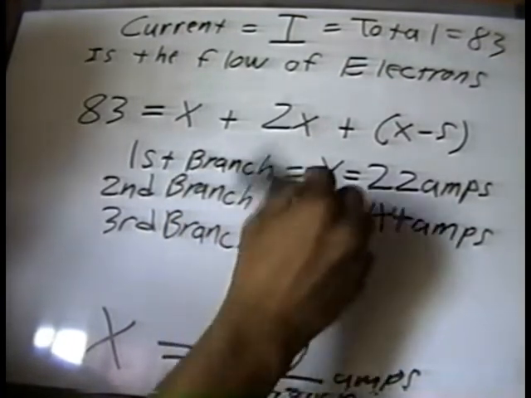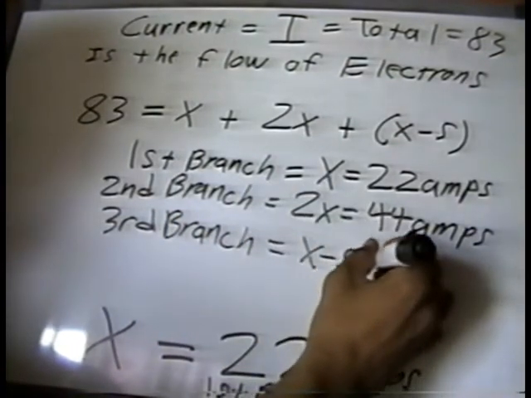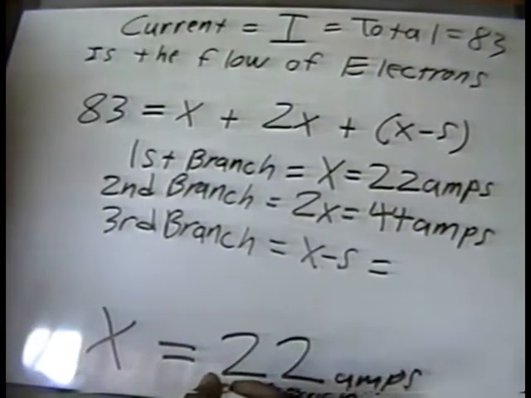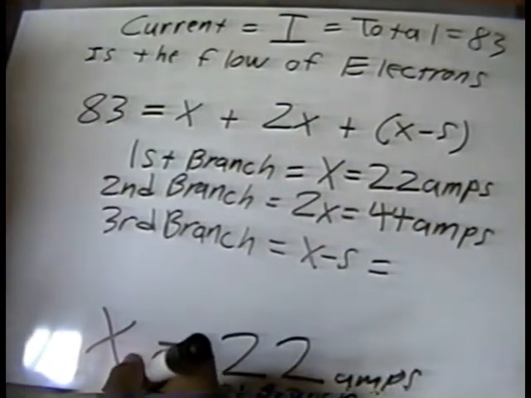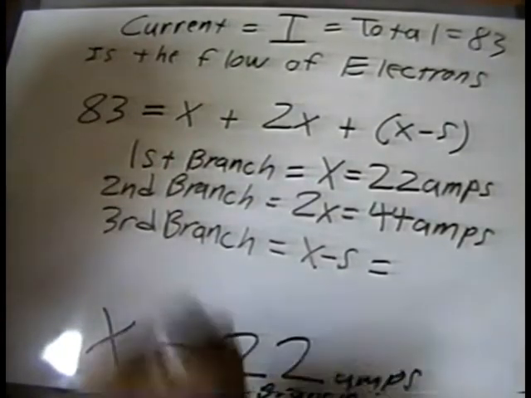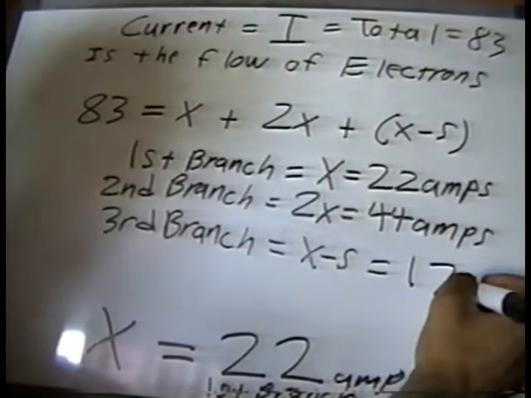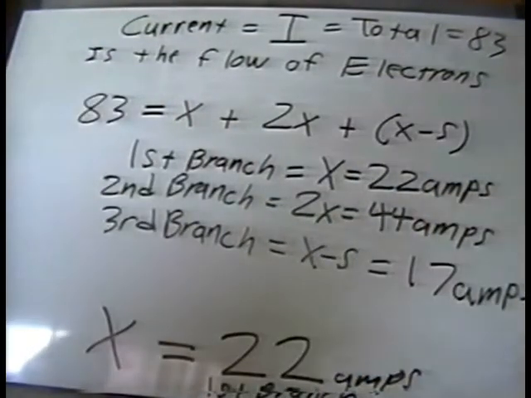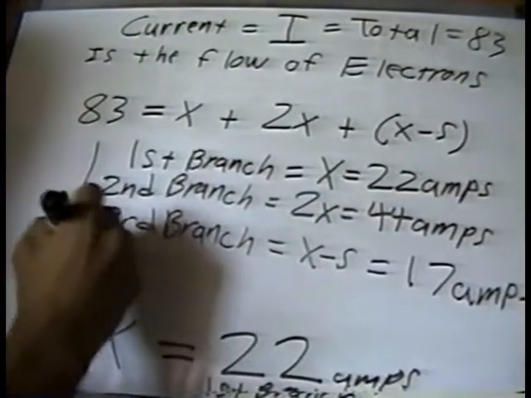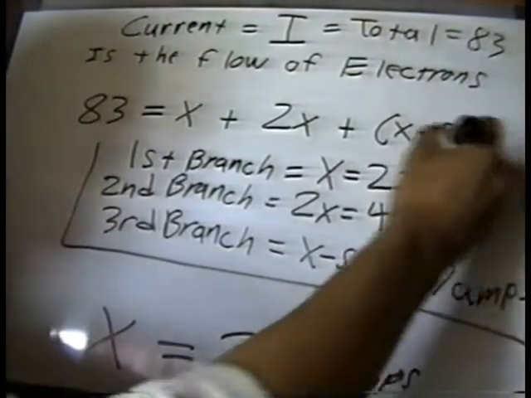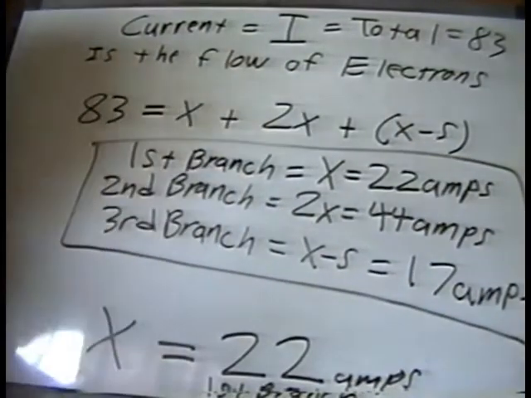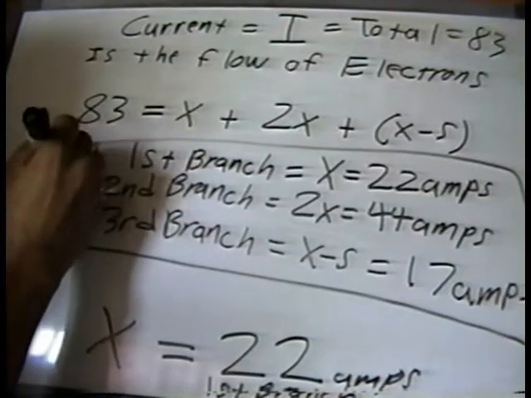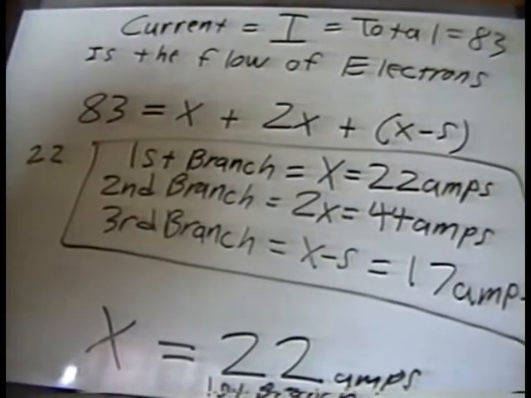Second branch is 2x, which is 2 times 22, or 44 amps. And then the third branch equals x minus 5, which equals 22 minus 5. Okay, 22 minus 5 is what? That's 17 amps.